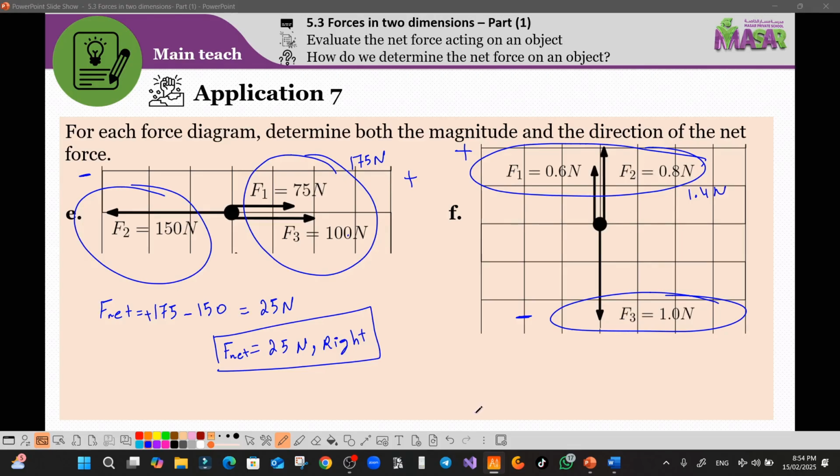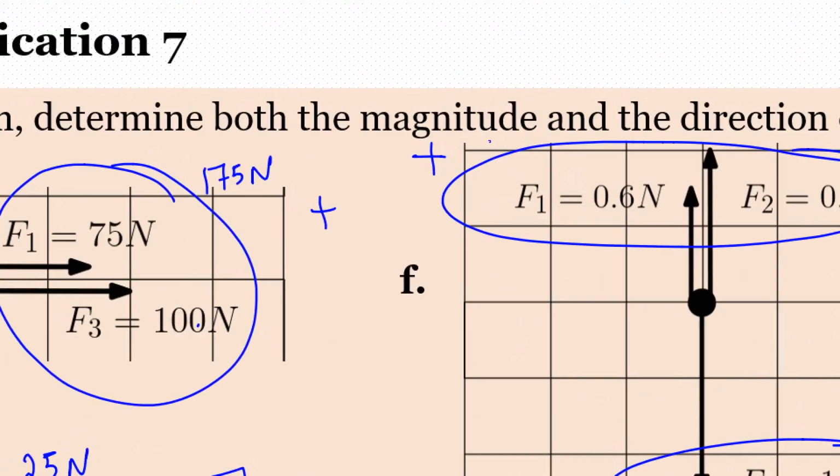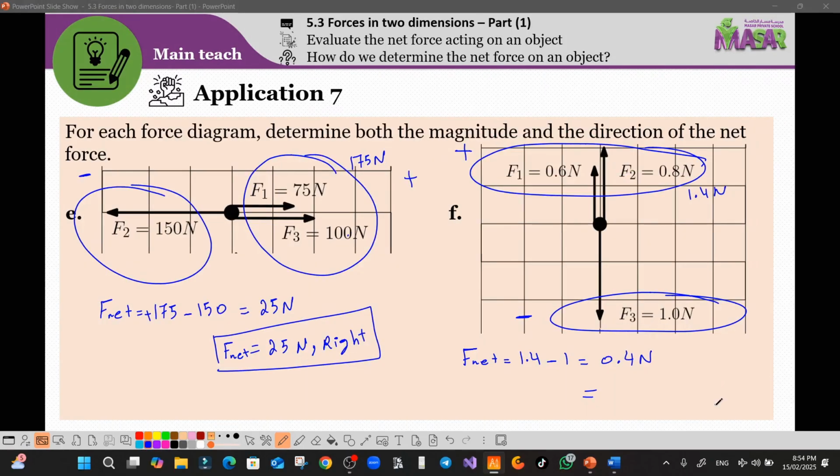Up is positive, down is negative, which means the F net is equal to 1.4 minus 1, equal to 0.4 Newton. Since it's a plus, it's directed to the positive, and positive is up. This is why I would write it as 0.4 Newton up. This would be the value of F net.